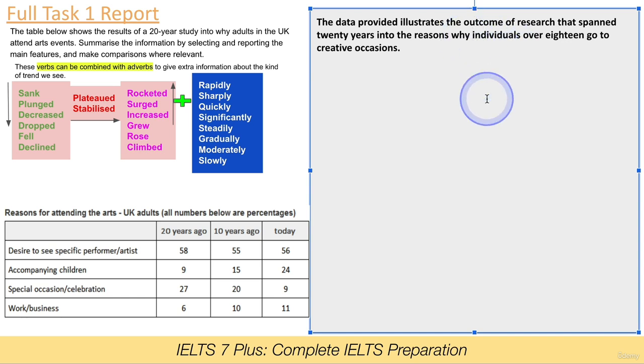That's okay to say why. Why individuals over 18 go to creative occasions. Another word for events. Okay, so it's really important to keep the meaning accurate with paraphrasing. We don't want to paraphrase so much that we lose that accuracy. So you don't have to paraphrase every single word, just the general gist. It'll be absolutely fine.